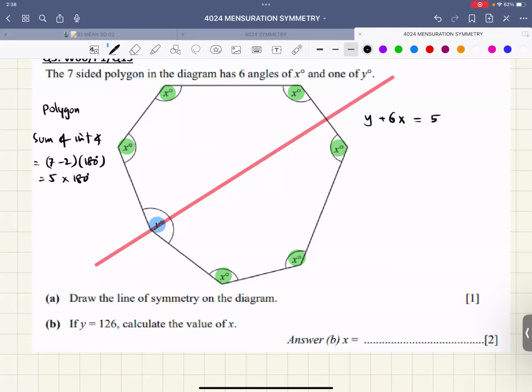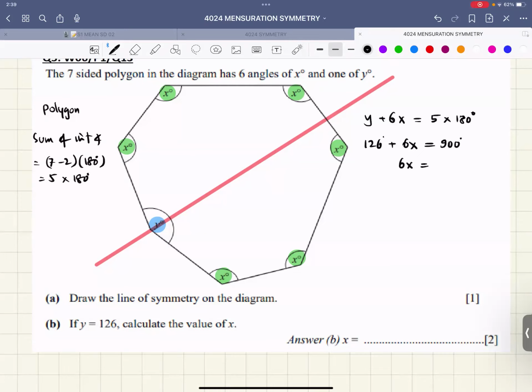Y is 126. So 126 plus 6x equals 5 into 180, which is 900 degrees.